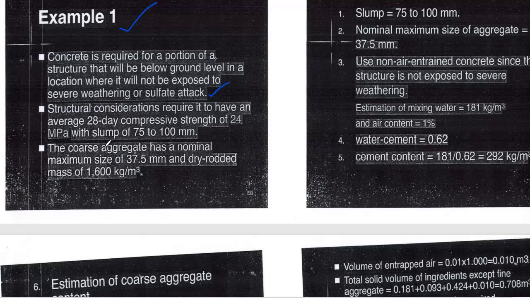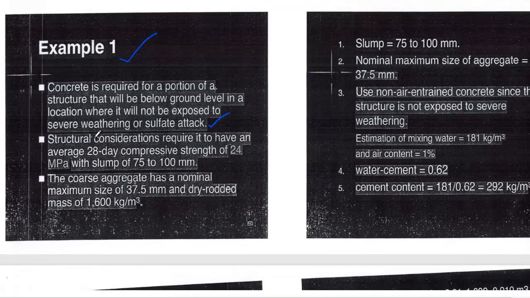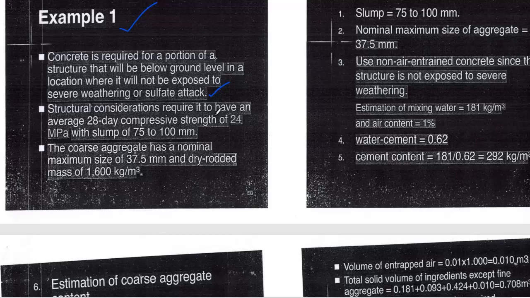So what other information is given? Structural considerations require it to have an average 28-day strength. You can take note of the example, that would be easy for you to understand while you look into the information. I hope you're taking notes as well.